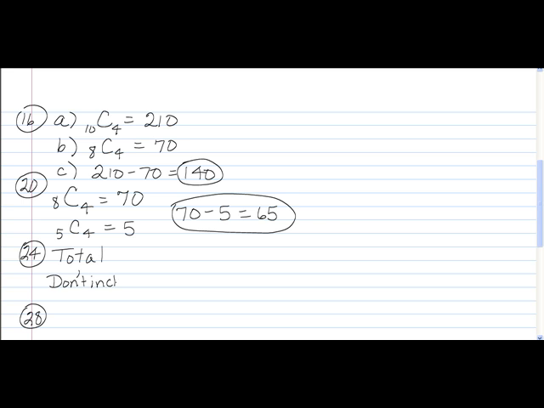We're using the complements rule, and we'll subtract the 2. Same pattern we've had in number 16 and 20. So in 24, the total is combinations. We're selecting 4. So 25, we want combinations, selecting 4, there's 12,650.